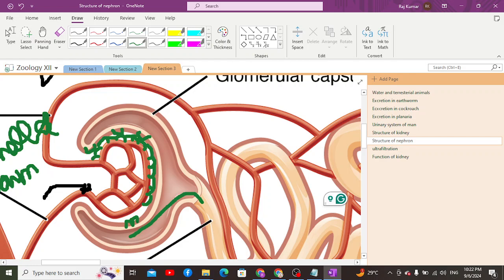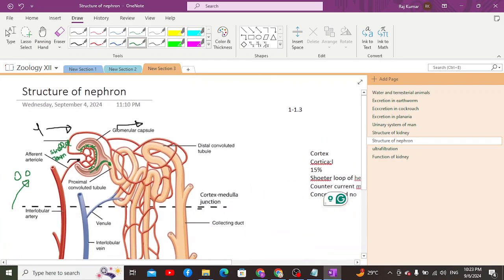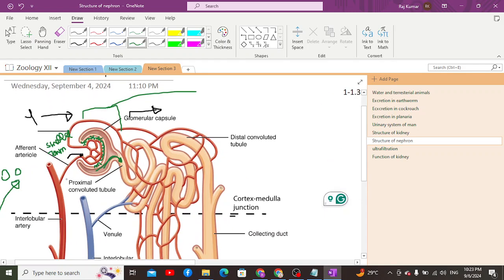The material which has been filtered out is known as filtrate, and these cells absorb it and send it into the proximal convoluted tubule, or in broader terminology, the renal tubules. So this entire structure is known as the Malpighian body or the renal corpuscle, right?